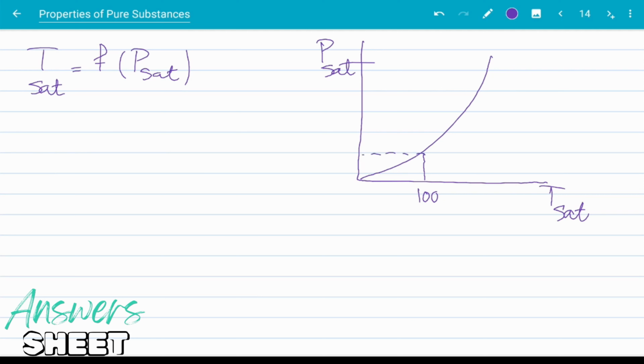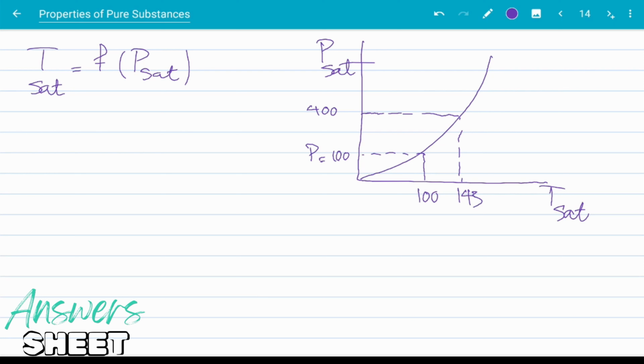Now here, let's say this is 100 degrees Celsius, so the pressure is 1 atmosphere or 100 kilopascals, right? But at a pressure of, let's say, 400 kilopascals, the saturation temperature is about 143 degrees Celsius. So as you can see, they are dependent on each other.